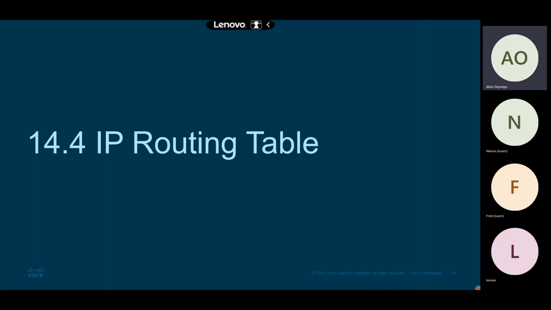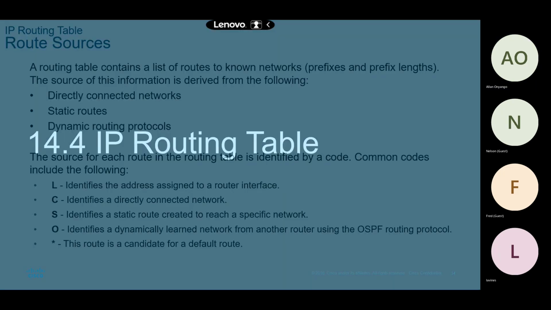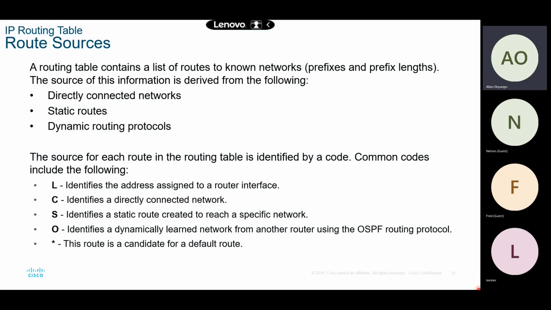Now, I want us to check on the routing table, because the routing table is everything. And you need to know how to read the routing table. That is a big deal, ladies and gentlemen. You must know how to read the routing table. And like I had told you, a routing table can be computed from different sources. It can be the directly connected networks.